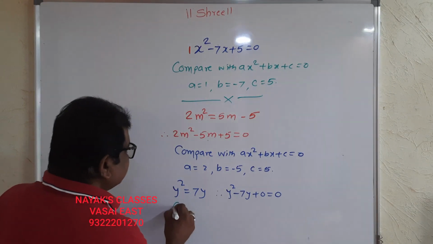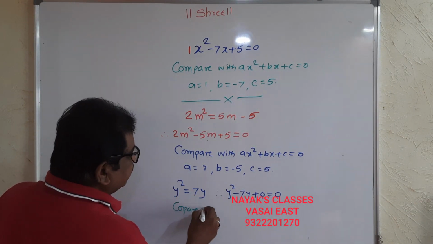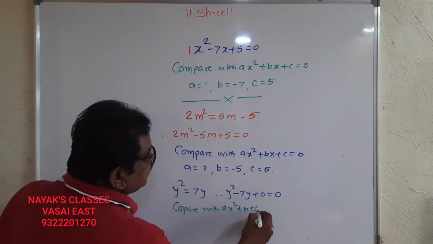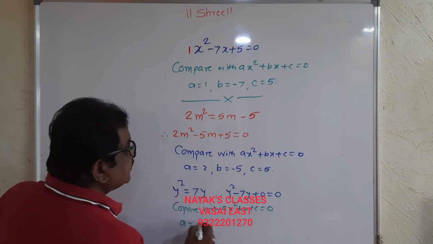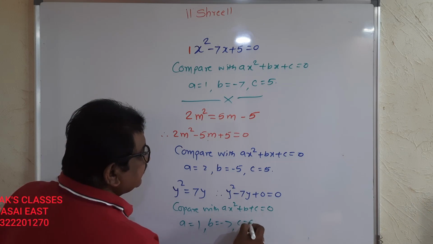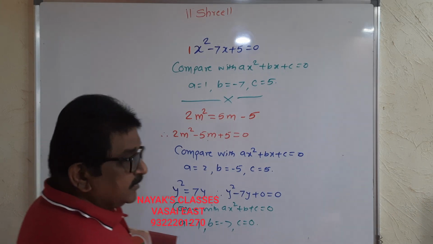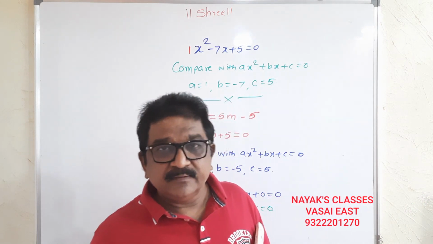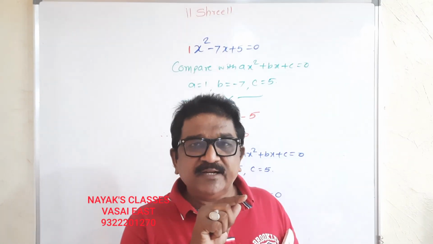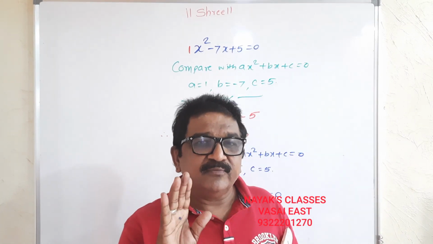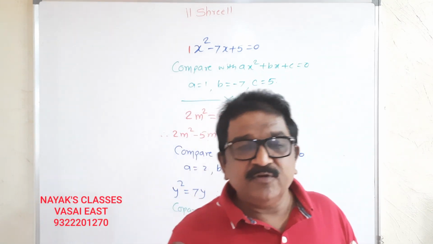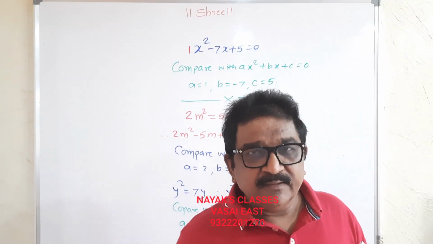So compare with ax square plus bx plus c is equal to 0. a is equal to 1, b is equal to minus 7 and c is equal to 0. You got it? If one term is missing, put 0 there and that particular value will become 0. So it's very easy and you can do it very nicely.